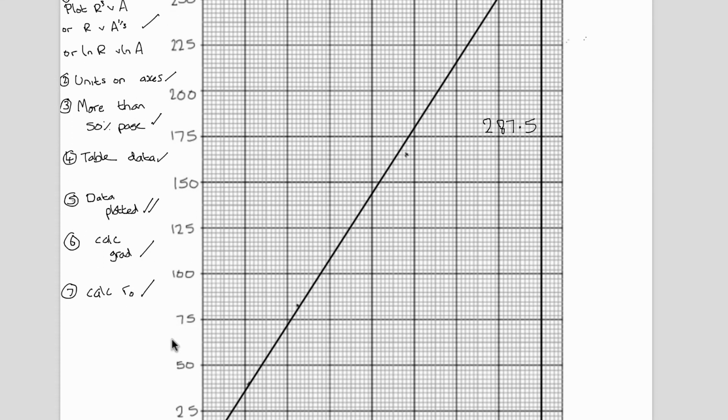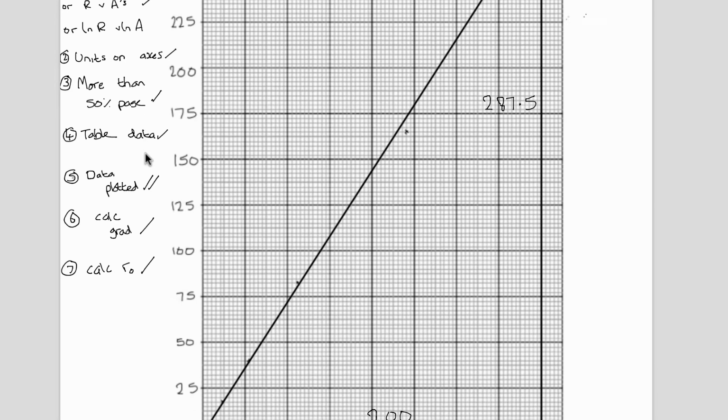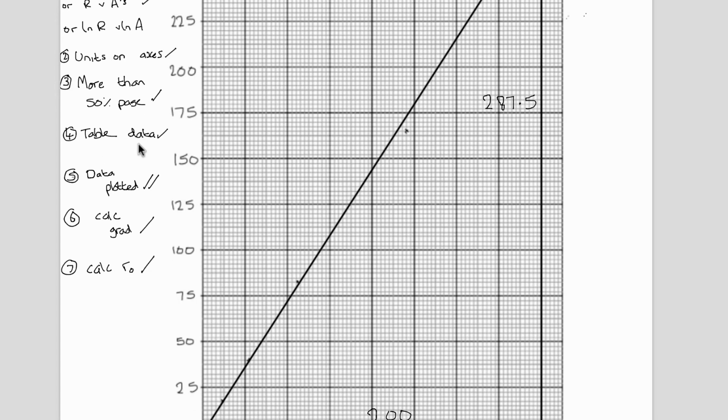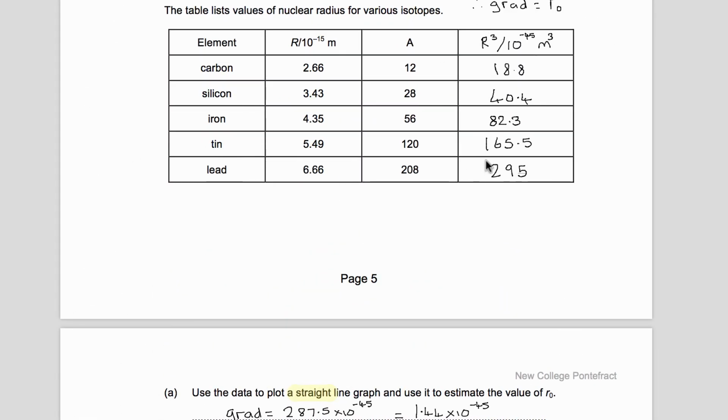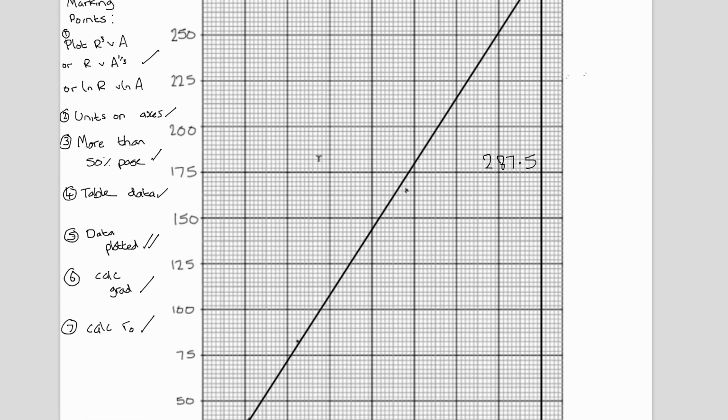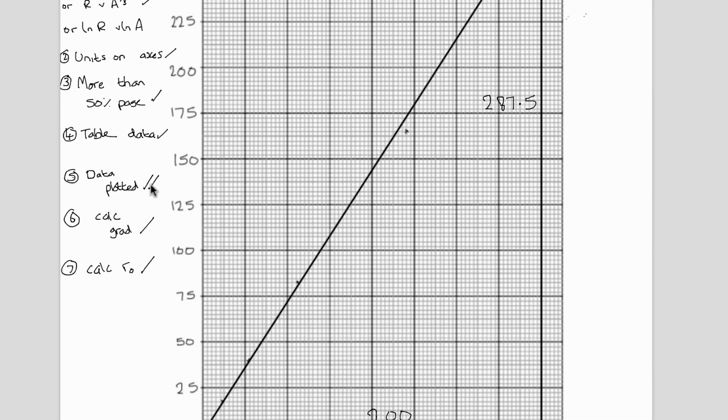There's a mark for using your graph so it uses more than 50% of the paper. There was another mark for making sure the data in your table was correct, so that's this data up here. There were 2 marks for correctly plotting your data, so you lost 1 mark if you made 1 mistake.